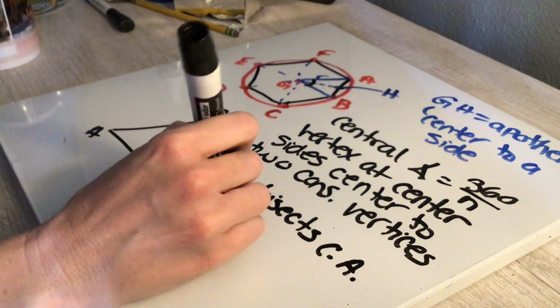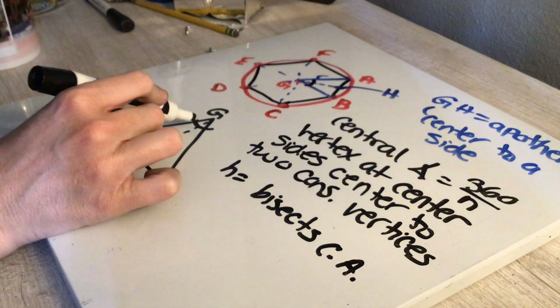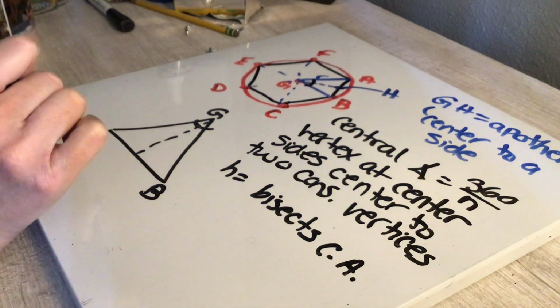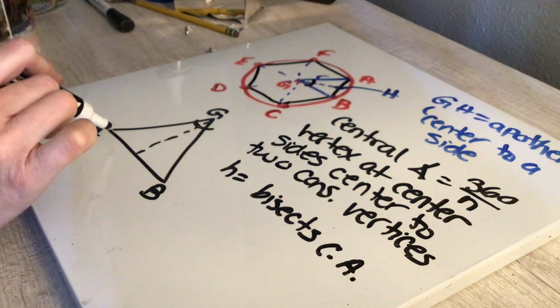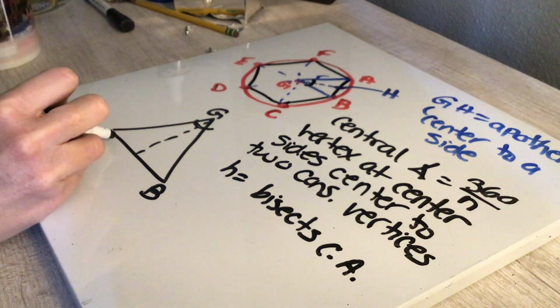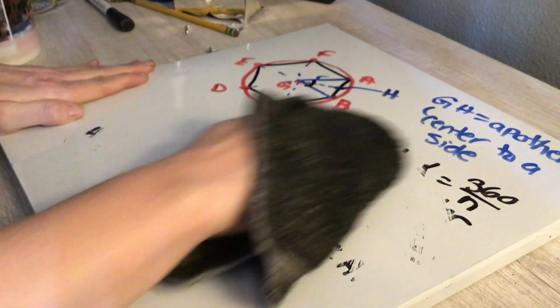Then you use your trig ratios, because you're going to have this angle up top, and you're going to know the radius, or you're going to know this side. This is also half the full side. All right, so let's see how we do this with numbers.